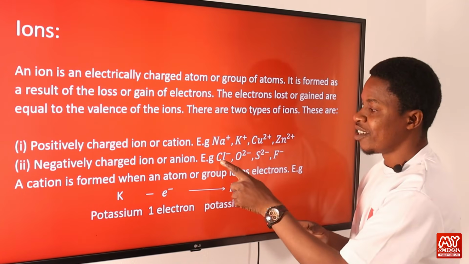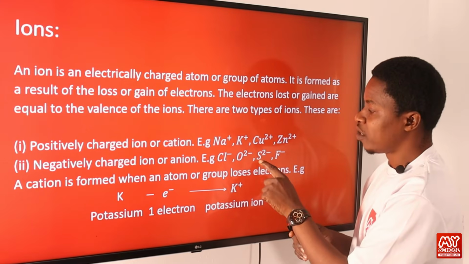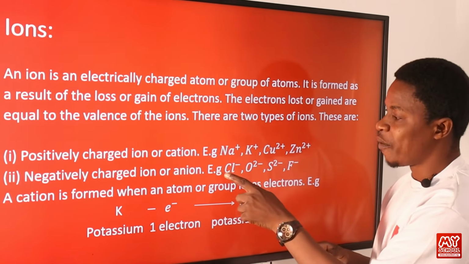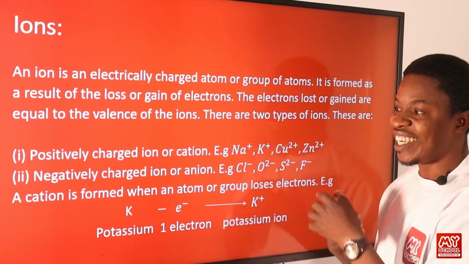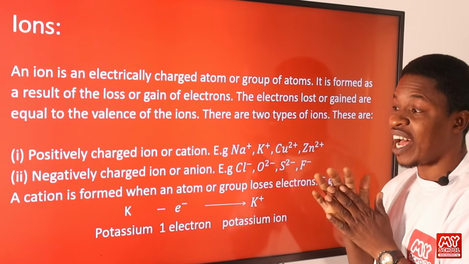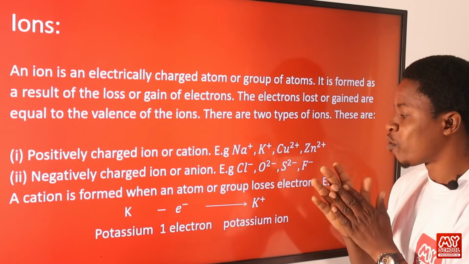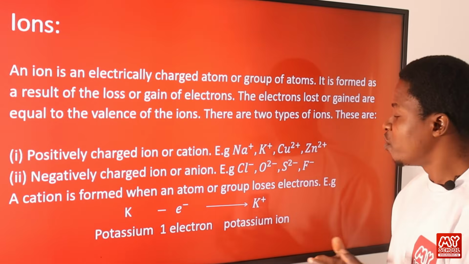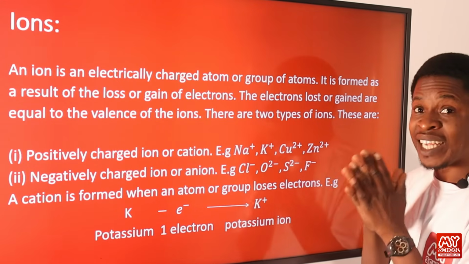And then we have negatively charged ions here. We have Cl minus, oxygen 2 negative, sulfur 2 negative, F2. So in other words, if you look at this, these are non-metals. So non-metals usually are negatively charged. So they are referred to as anions. So a cation is formed when an atom or group of atoms loses electrons. When an electron is lost, we said a cation is formed.